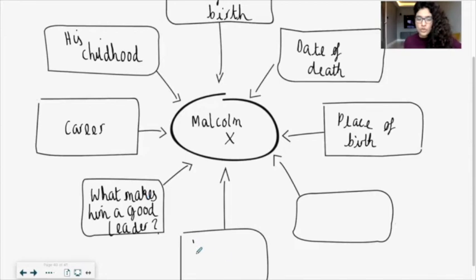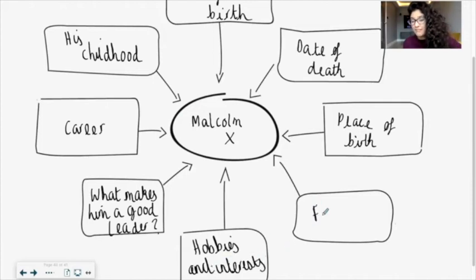You could just do hobbies, something that he is interested in, hobbies and interests. And then my final section could be about his family, because I don't know too much about his family, actually. So that would be really fun to research, just so I could learn more.